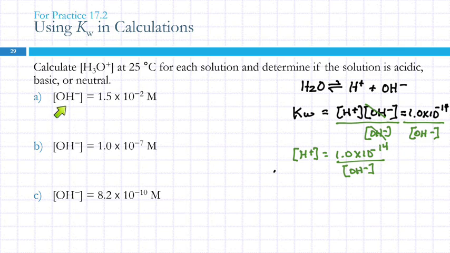So to calculate the hydrogen ion concentration, which is exactly the same as the hydronium ion concentration, we've got Kw divided by the hydroxide ion concentration.